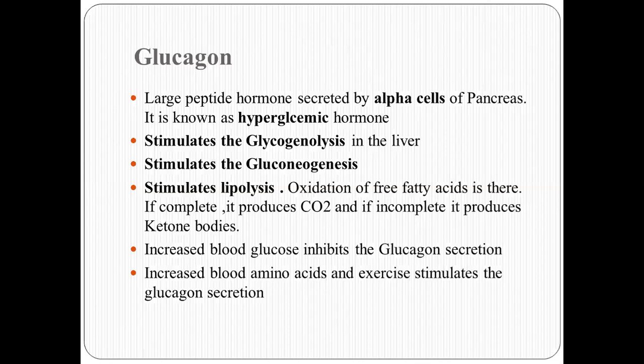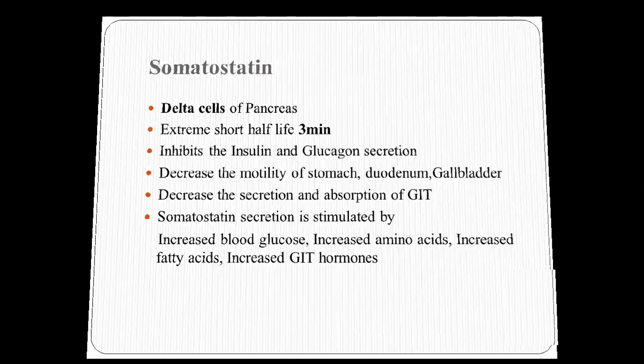Increased blood amino acids and exercise, they also stimulate the glucagon secretion. So, whenever the blood amino acids are increased, the glucagon secretion will be increased. Exercise also stimulates the secretion of glucagon.